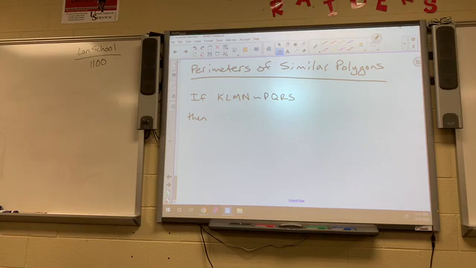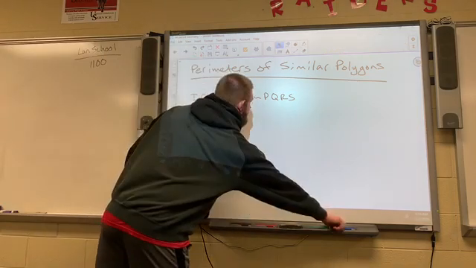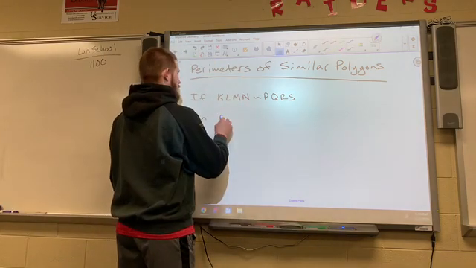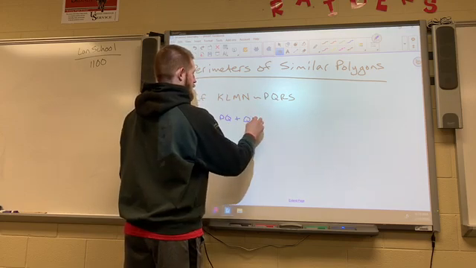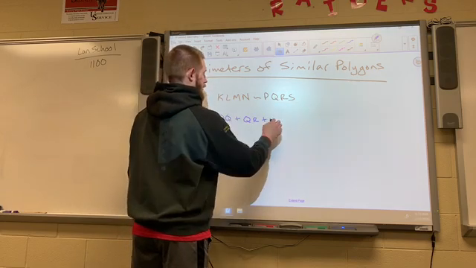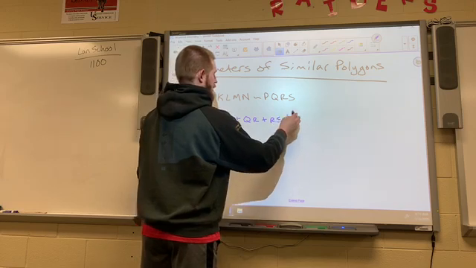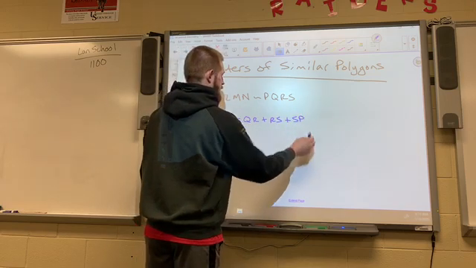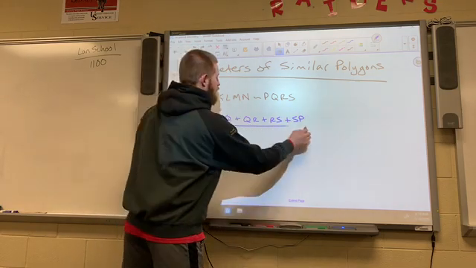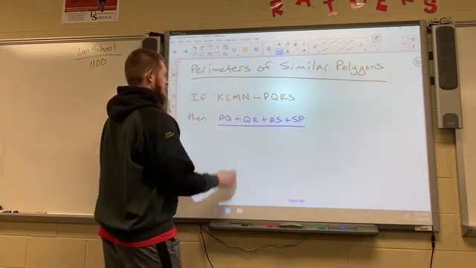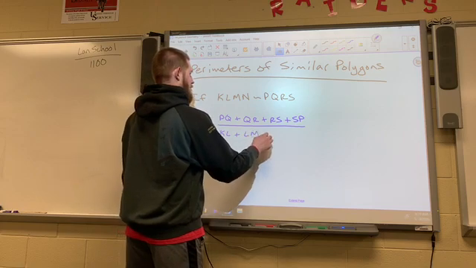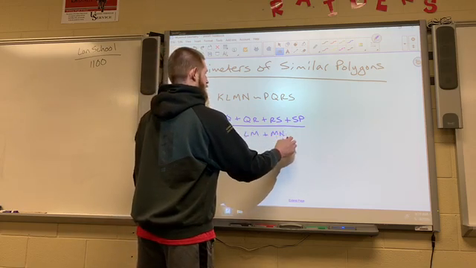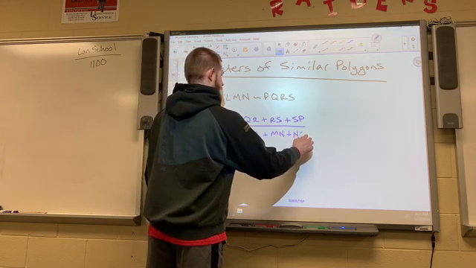The perimeter, which would be PQ plus QR plus RS plus SP, over the perimeter of this one, which would be KL plus LM plus MN plus NK.